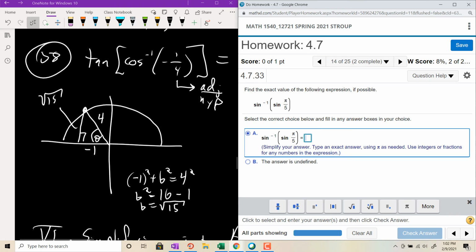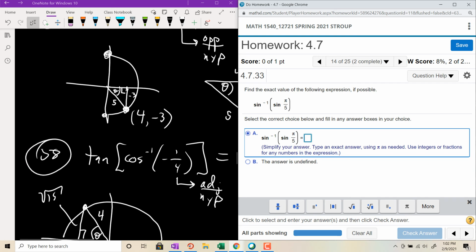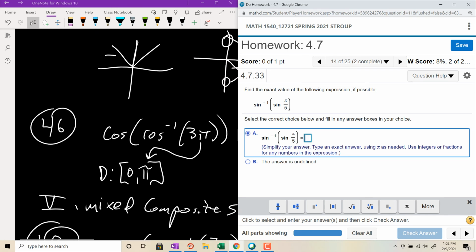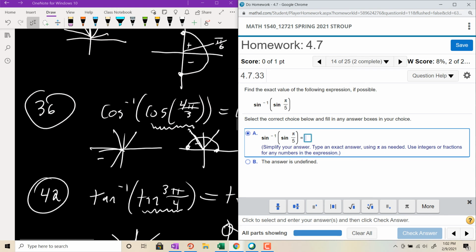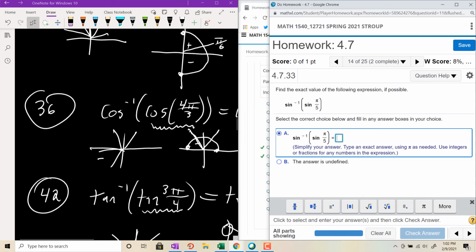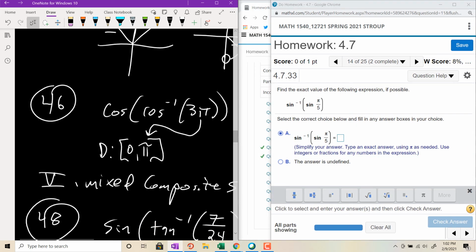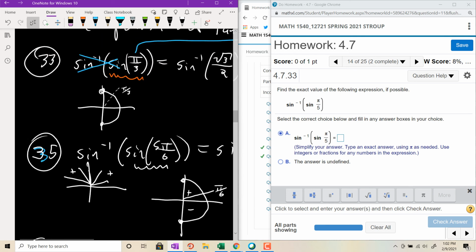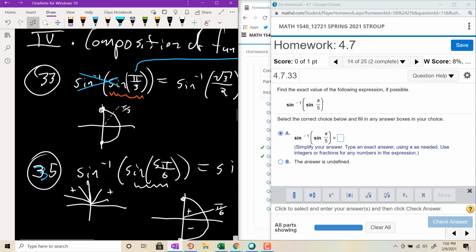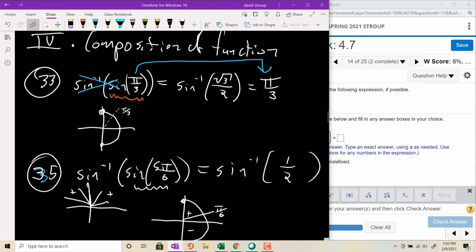So if you go back and look at what we were doing with these compositions, the first one we looked at, that pi over 3 was in the first quadrant, so they had a natural cancellation, and you're just left with pi over 3.